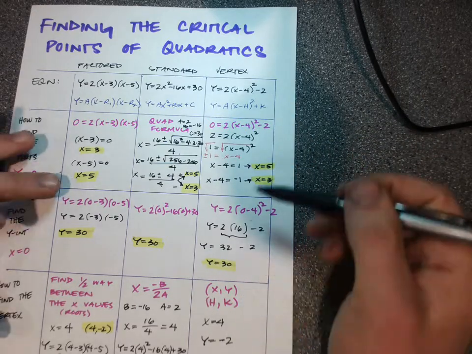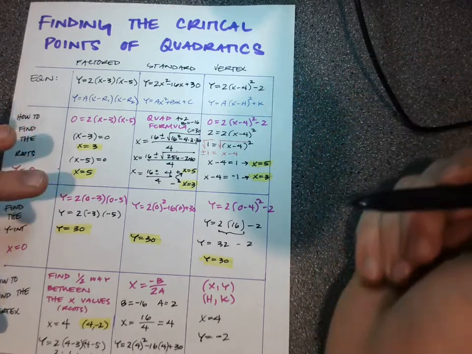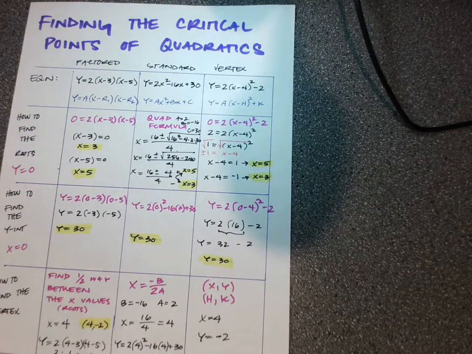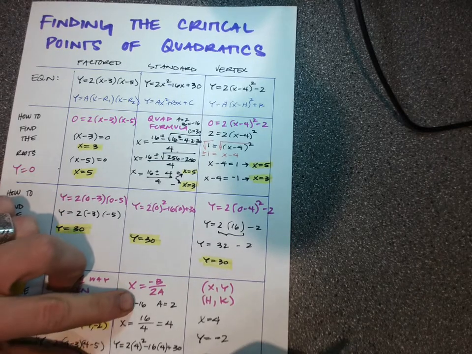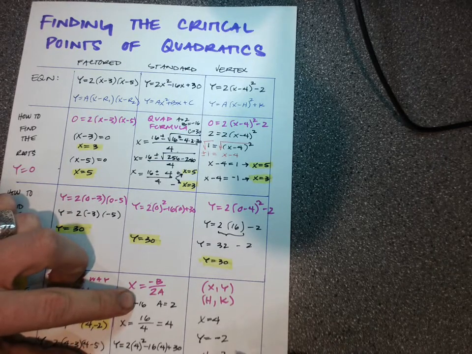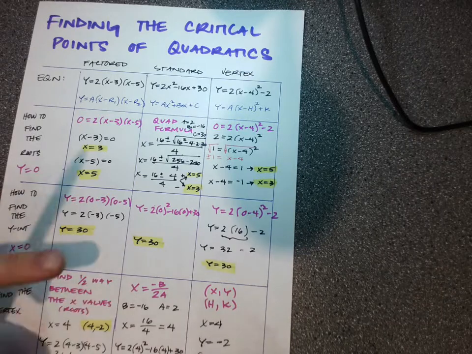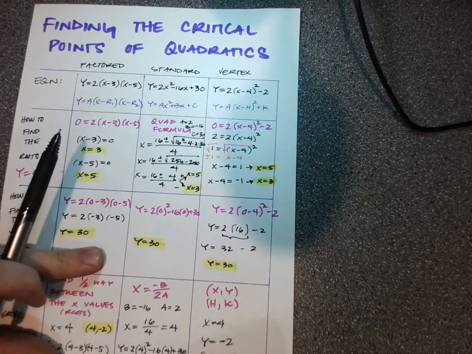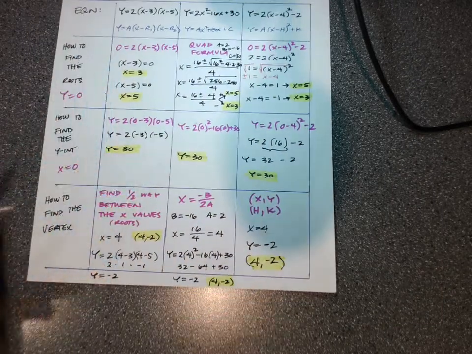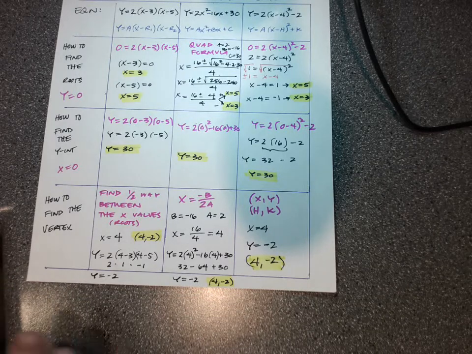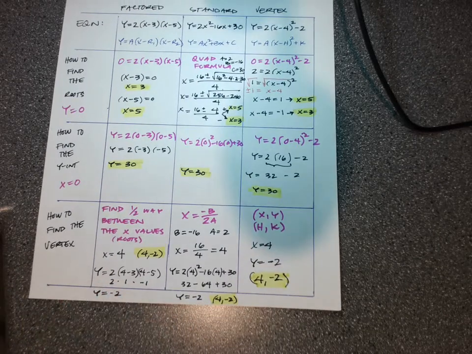Okay, and then it's traditional to answer in the form of a coordinate pair. It's the vertex. Okay, and there you have it.